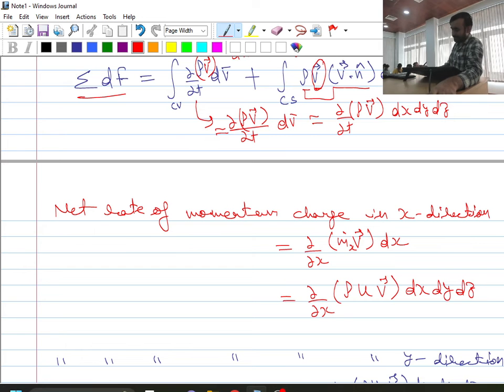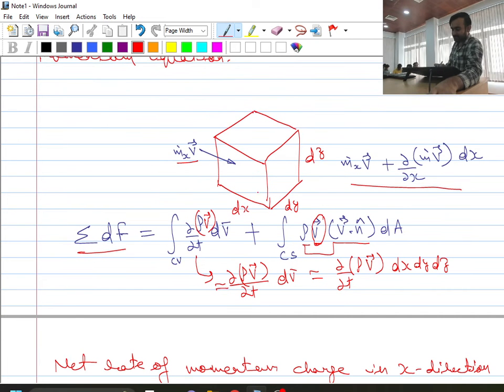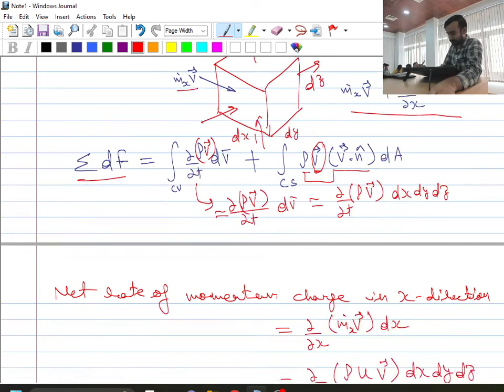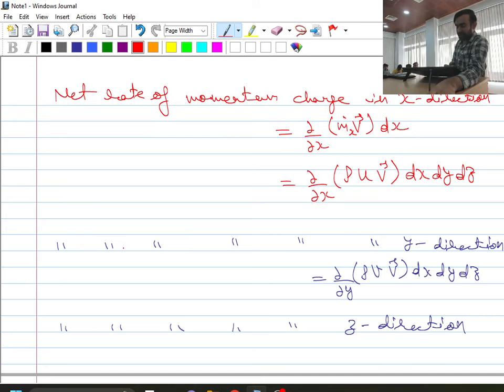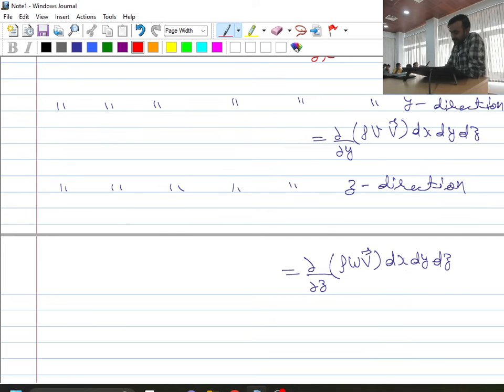Similarly, the way I have momentum in the x direction, I will have momentum in the y direction also, and momentum exchange in the z direction also. Is this point clear? So now the net rate of momentum change in the y direction is ∂/∂y of ρv V vector dx dy dz, and in the z direction it is ρw V vector dx dy dz.